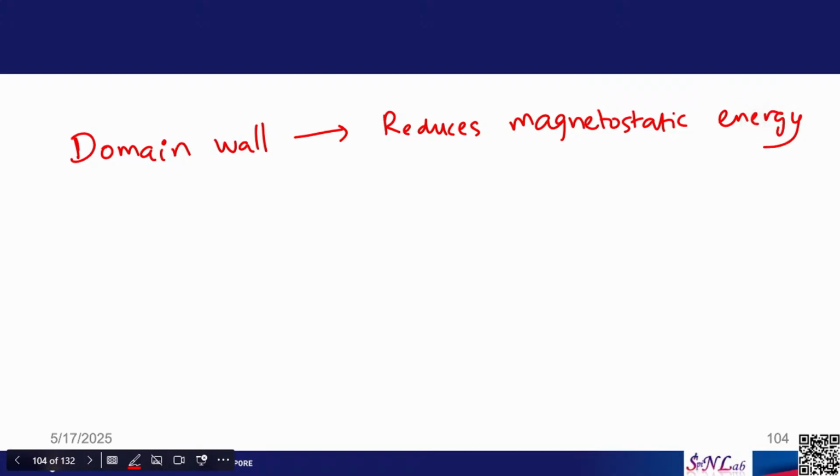This we have already learnt. It is like having a magnet flipped and attracted to each other. But the formation of a domain wall actually increases something called the domain wall energy.